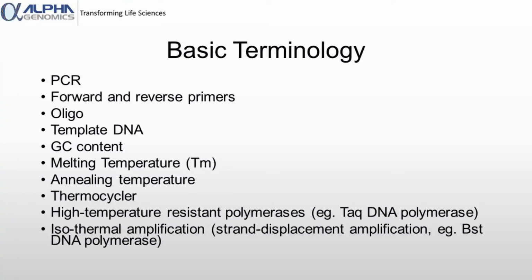Then you might come across the terminology of isothermal amplification and multiple strand-displacement amplification, in which the polymerization reaction occurs at only one temperature instead of using the thermal cycling conditions of denaturation, annealing and extension, so the whole PCR can take place at only one temperature. Different enzymes used for these are the Bst polymerases and other polymerases.